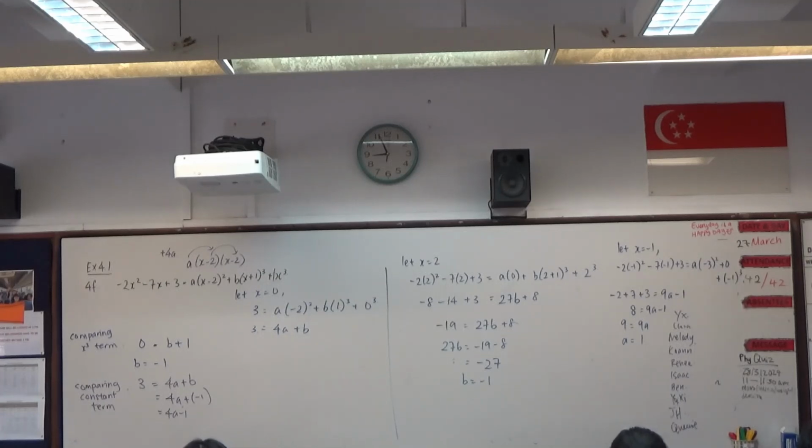Then for question, hang on, 10a. May I know what's the concern for 10a? I think I can solve it. You think you can solve it already? Then how about 10c? I will ask for 10c.